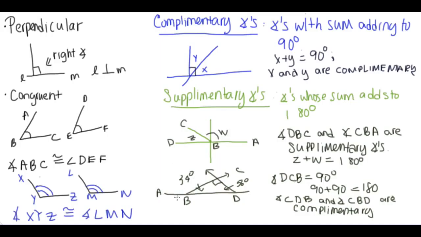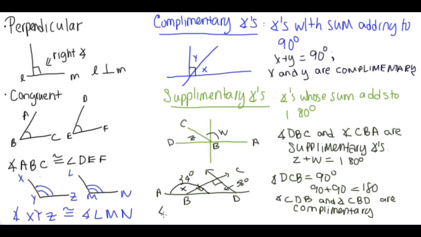Likewise, we have ABC. We don't know what this is, but we know that CBD is 34. And we know that this has to equal 180 degrees to stay on the line.